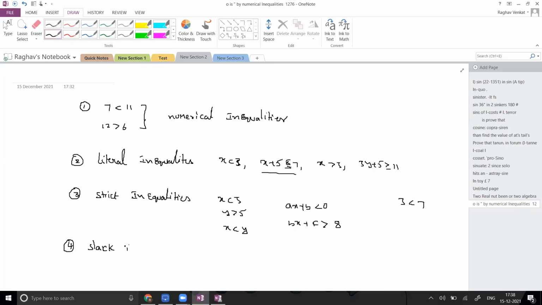Slack inequalities. When it comes to slack inequalities, I have told you it is opposite to strict. So x less than or equal to 3, x plus 5 less than or equal to 7, and so on. That's it.